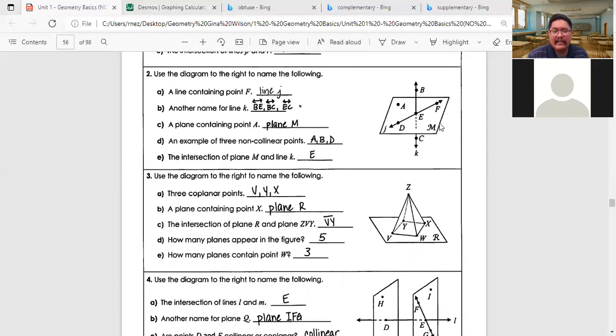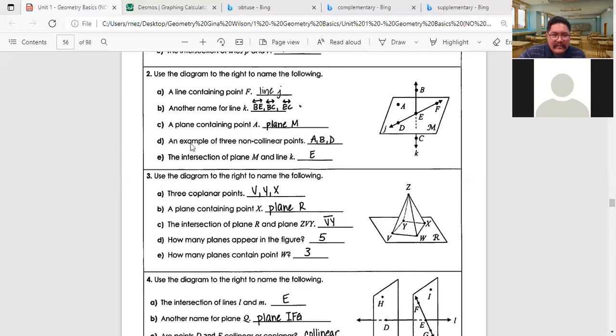So again, uppercase for points, lowercase for lines, and fancy for planes. So there you go, plane M. So plane M also contains A, D, E, F, and line J. So those are all the figures that are on plane M.